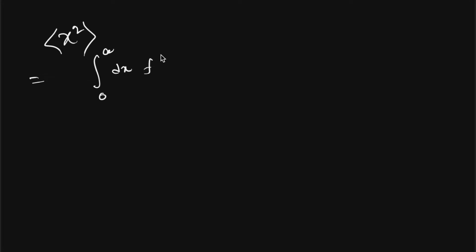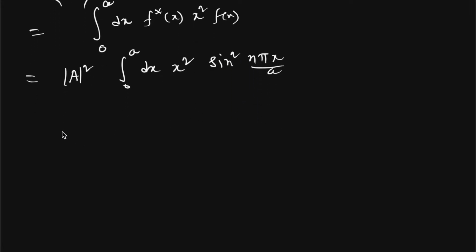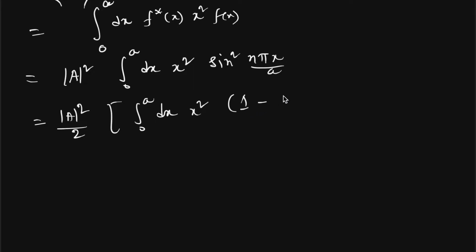That means ψ*(x) x² ψ(x), that is |A|², which gives |A|²/2 ∫₀ᵃ dx x² (1 minus cos(2nπx/a)).